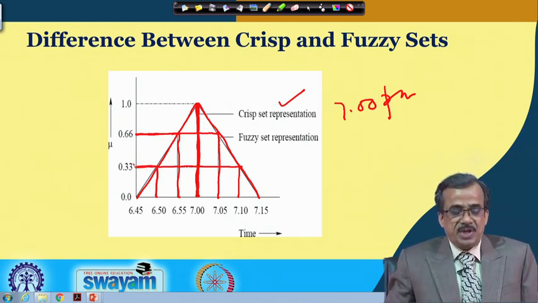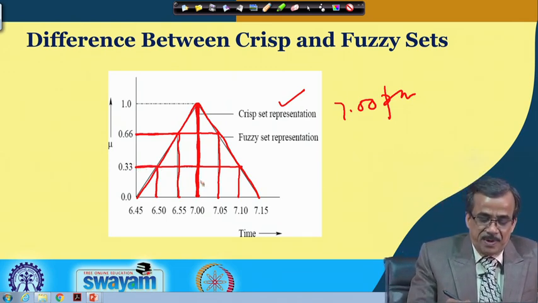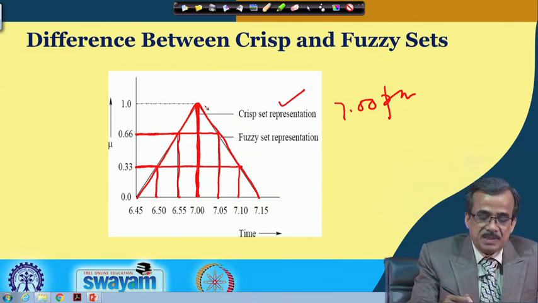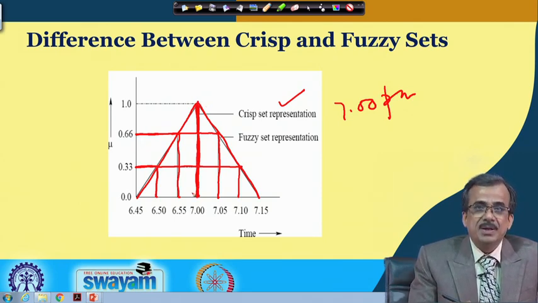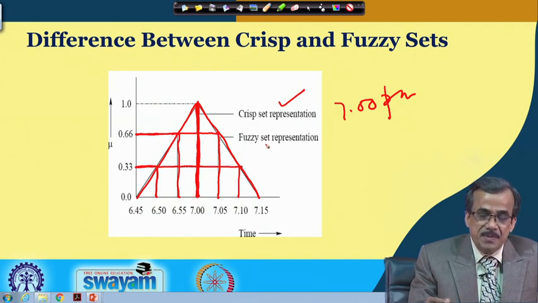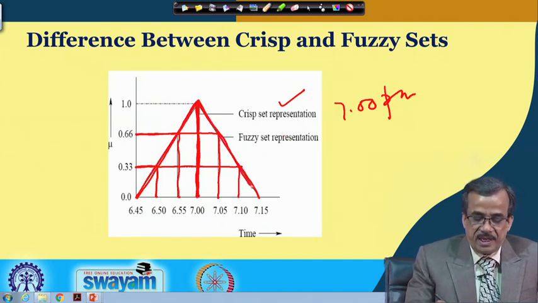Now, here let us try to understand. The 7 p.m., as I told, has been expressed in crisp set like this. On the other hand, the 7 p.m. in fuzzy set has been expressed by this particular triangle.